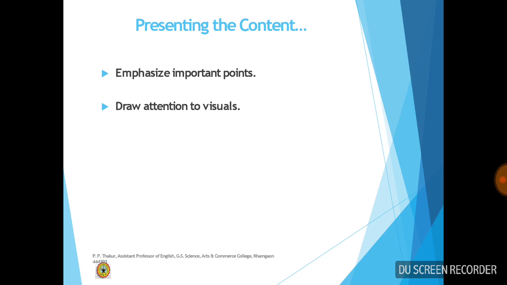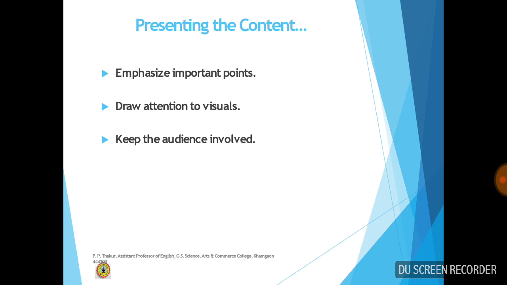Sometimes the audience may miss a visual. Sometimes the lighting of the room may not be proper, or the quality of the visual may be poor, or for whatever reason the audience may miss the visual. You should therefore draw attention to the visuals explicitly.